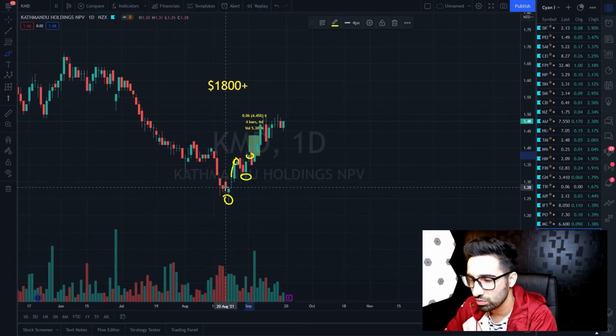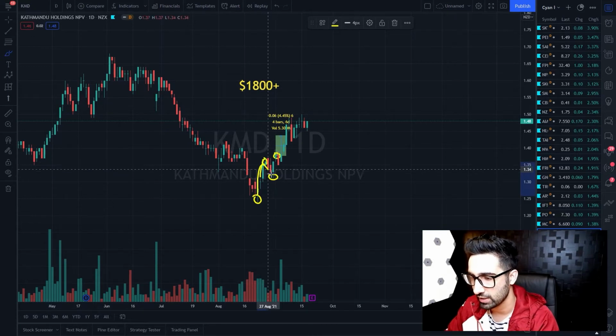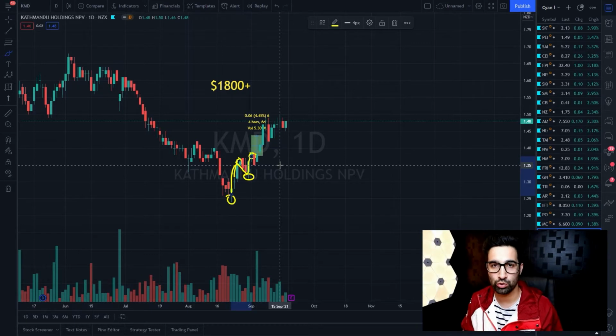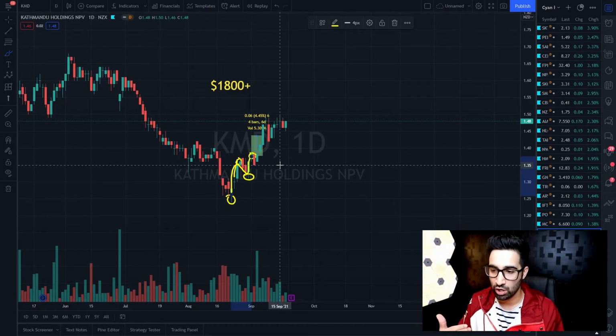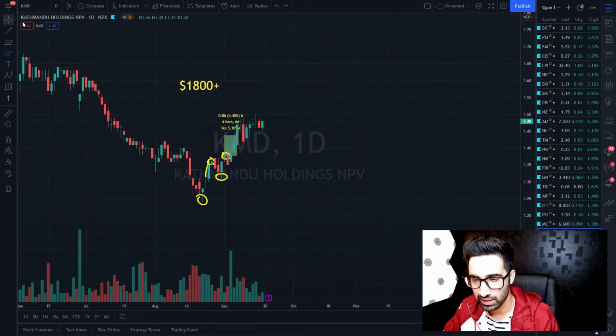So I knew that this going up, developing a high, then a higher low, then another higher high, allowed me to see that this is a true reversal, because in order for a true reversal to occur, you need to have a series of higher lows and higher highs. So I'm just going to clear these drawings.